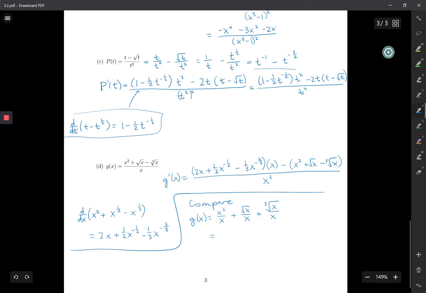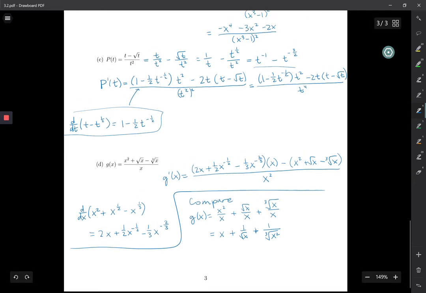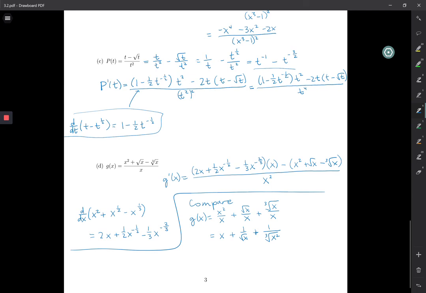And then we would get x plus 1 over root x. Just double check that you agree with that. And then here we would have 1 over the cube root of x squared. Now I didn't write out all of the steps here, so you could rewrite these using exponents and then use your exponent laws. I sort of skipped some steps there.